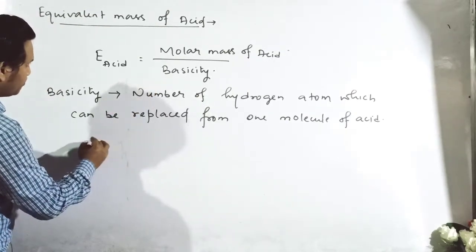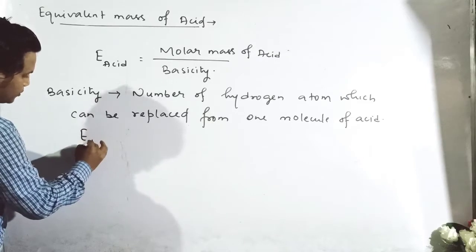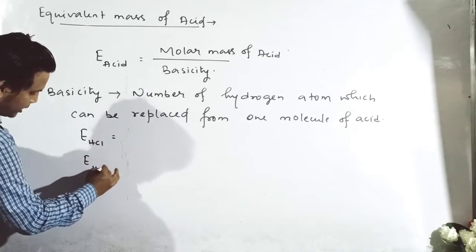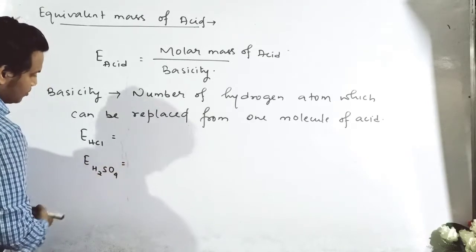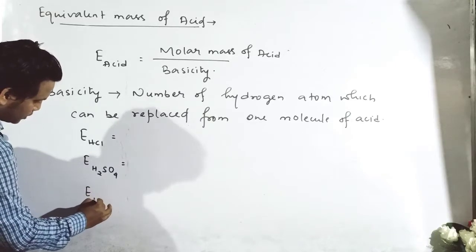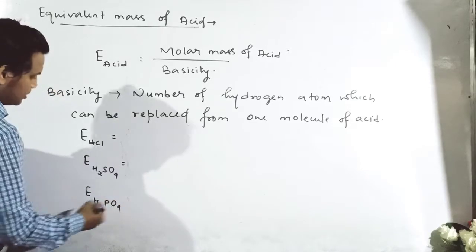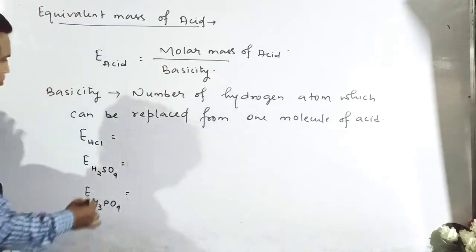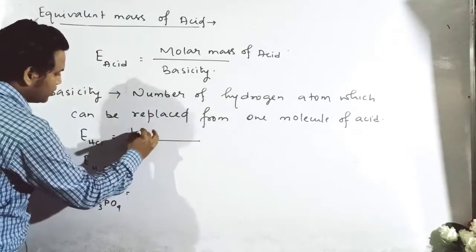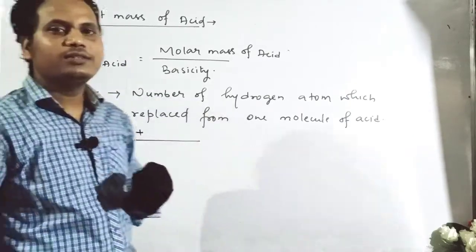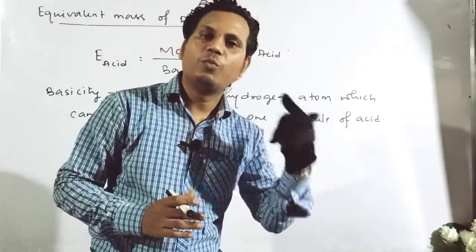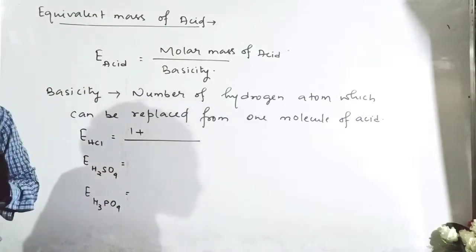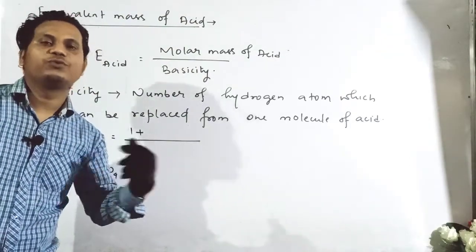For example, suppose equivalent mass of HCl, equivalent mass of sulfuric acid, equivalent mass of phosphoric acid. What will be this? See, first we will find the molar mass. What is the meaning of molar mass? Molar mass means mass of 1 mole of a substance.